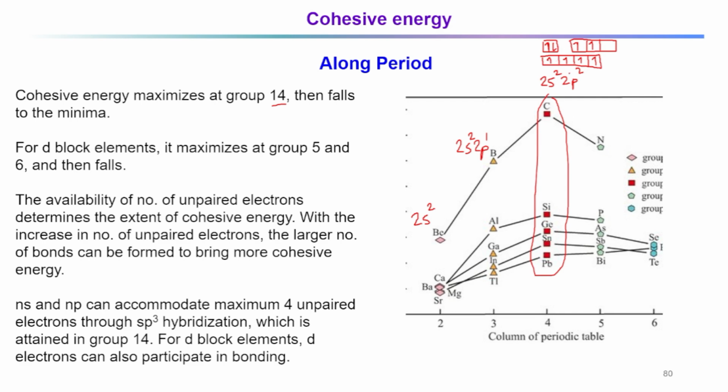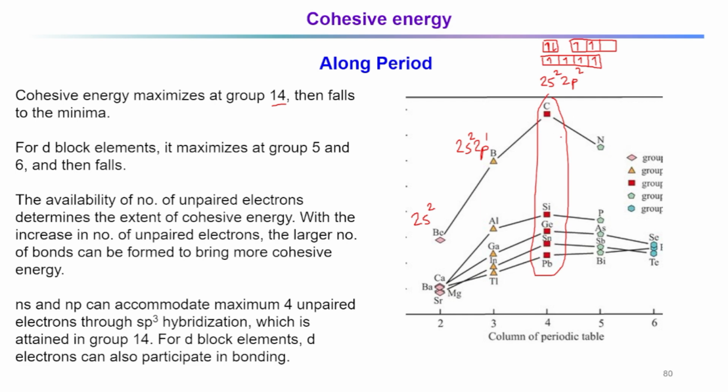So this 2s and the three orbitals of 2p come together and make four sp3 hybridized orbitals. These sp3 hybridized orbitals can make four bonds. So that is the maximum number. In case of boron, even if you do hybridization, that will form only sp2, so only three electrons can be there.